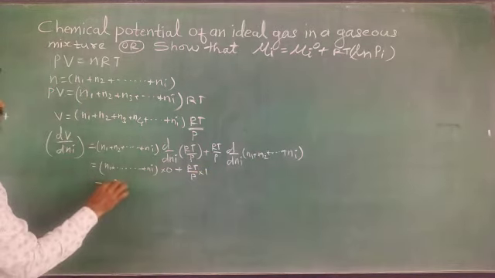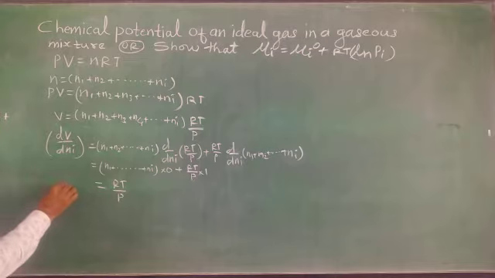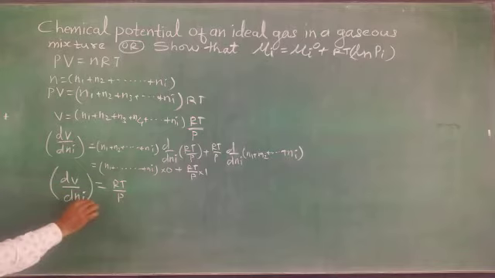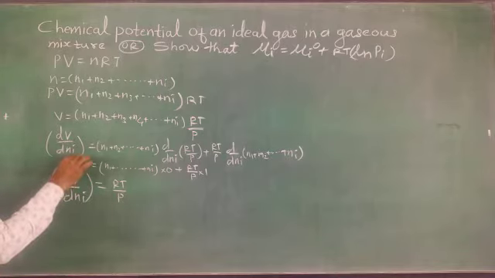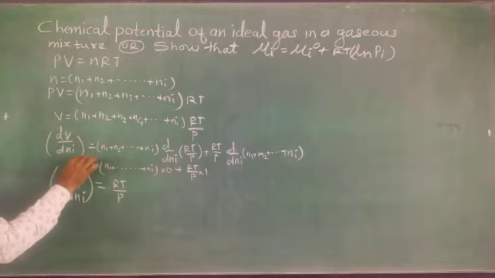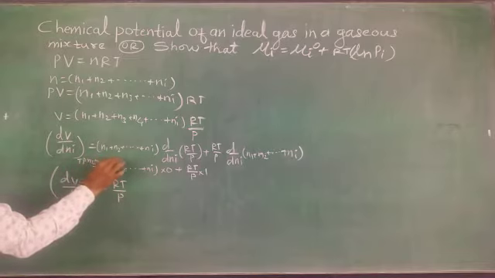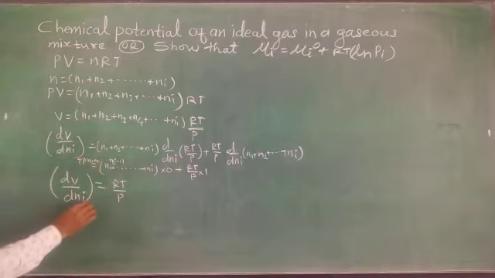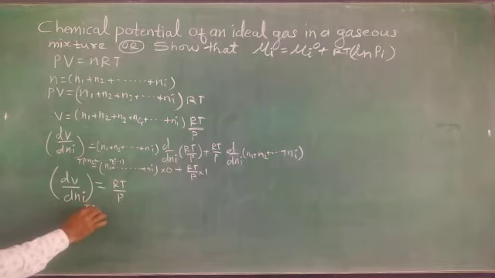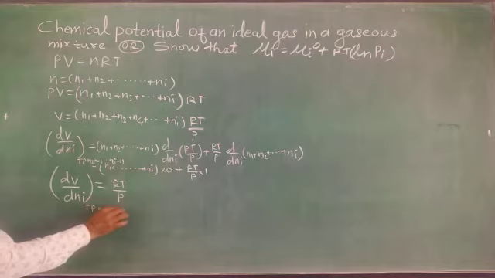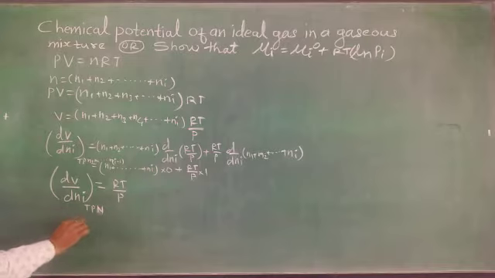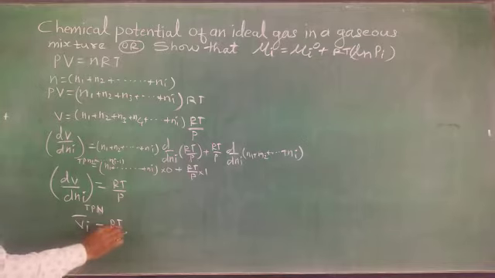That's why it becomes RT/P. This means dV/dni at constant temperature, pressure and other constituents n1, n2, n3 up to n(i-1), treated as capital N, is nothing but Vi bar. And that's why Vi bar = RT/P.